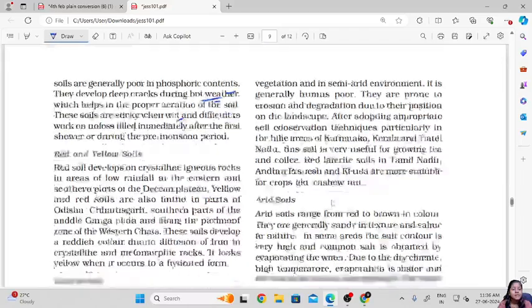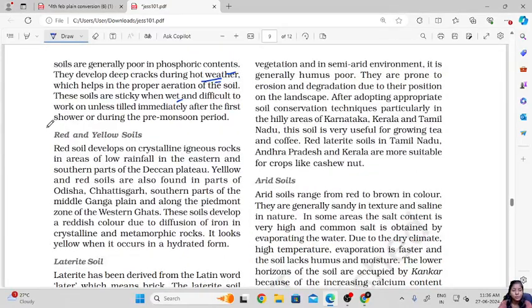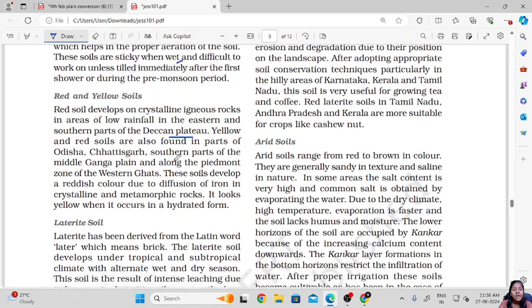Next we move to the red and yellow soils. Red soil develops on crystalline igneous rocks in areas of low rainfall in the eastern and southern parts of the Deccan Plateau. Yellow and red soils are also found in parts of Odisha, Chhattisgarh, southern parts of the middle Ganga plain and along the piedmont zone of the Western Ghats.